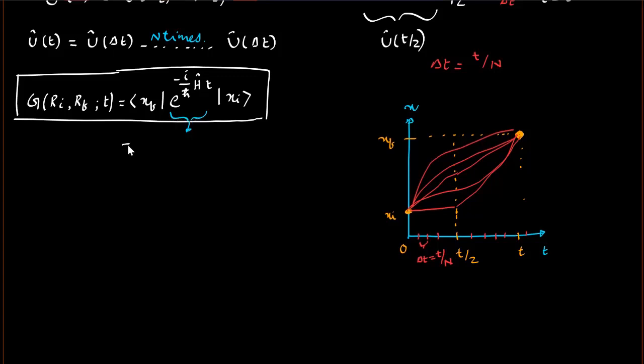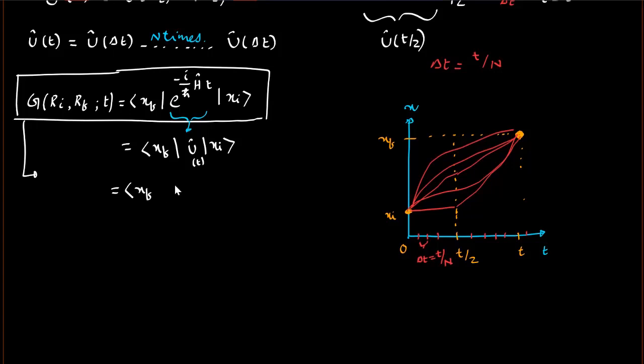And this term is nothing but <x_f|U|x_i>. But here this U is actually a function of time. Okay, but we just now discovered that this U, function of time, can be written in this format, and here delta t is very small actually, right? And so I can just write this equation in this format.